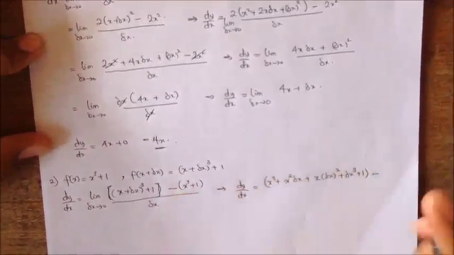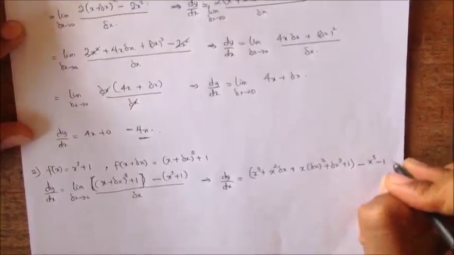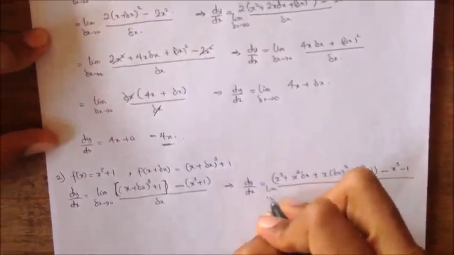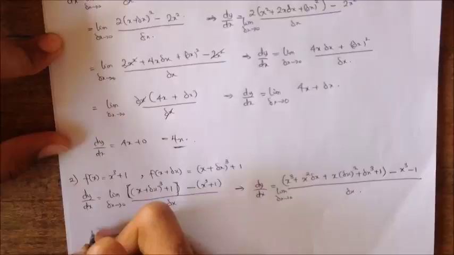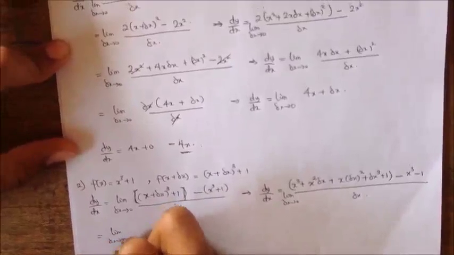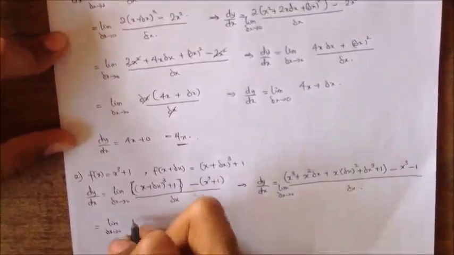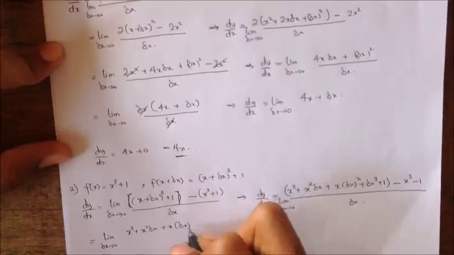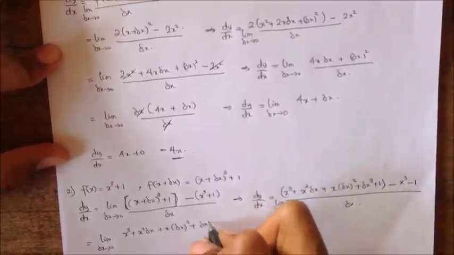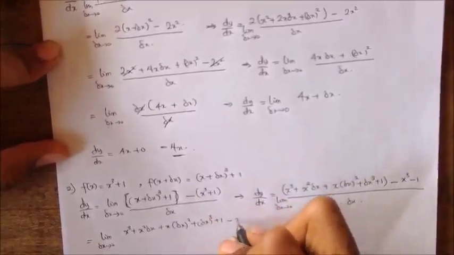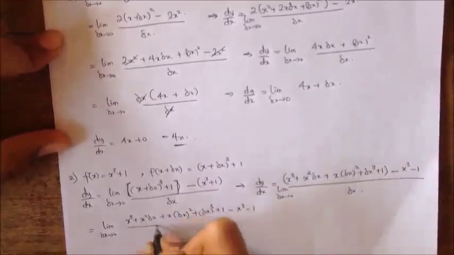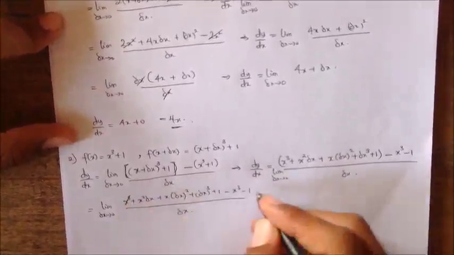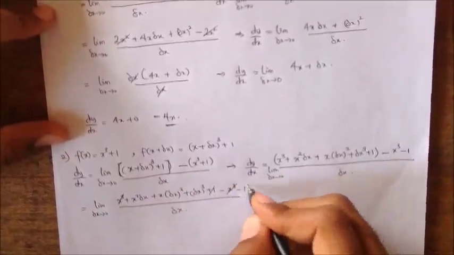Then minus, if I open this bracket, minus x cubed minus 1, divided by delta x. Limit as delta x tends to 0. So I have positive x cubed here and a negative x cubed here, and I have a positive 1 and a negative 1.